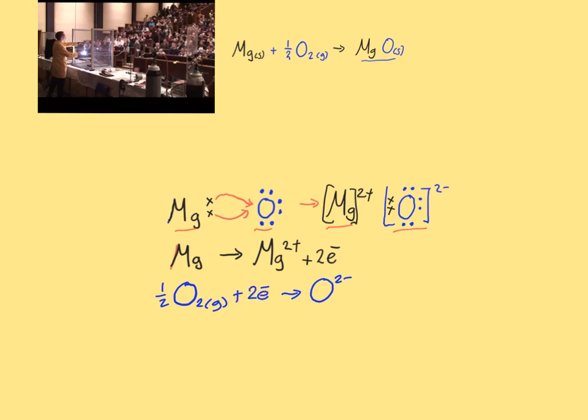So to summarise, we can say that oxidation is loss of electrons and reduction is gain of electrons. Reducing agents lose electrons, oxidising agents gain electrons.